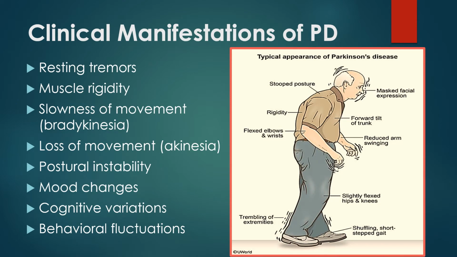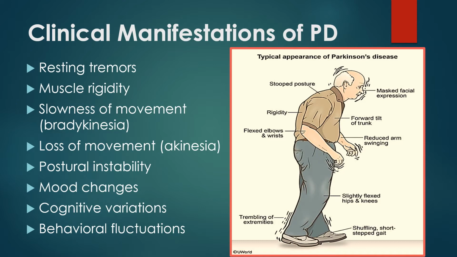Clinical manifestations of Parkinson's disease are listed here on this slide. Parkinson's progresses through several stages. Initially, your patient may present with unexplained unilateral weakness and upper extremity tremors.